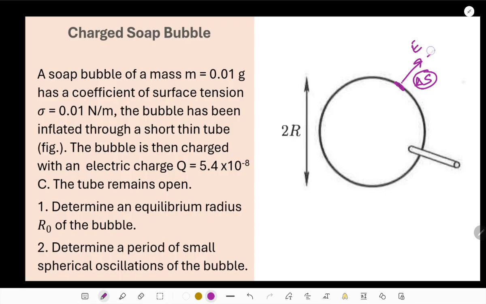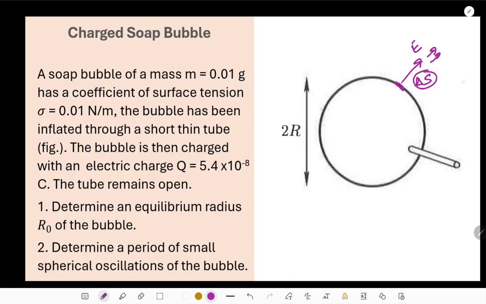And these two electric fields, namely the electrostatic field E0 due to the rest of it and the electric field E1 due to this small part of the surface, are the same.